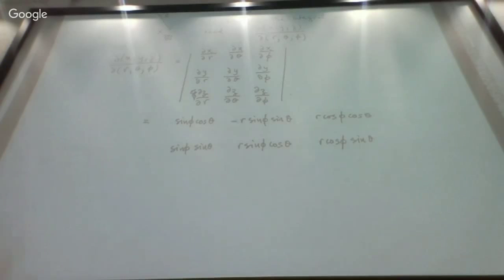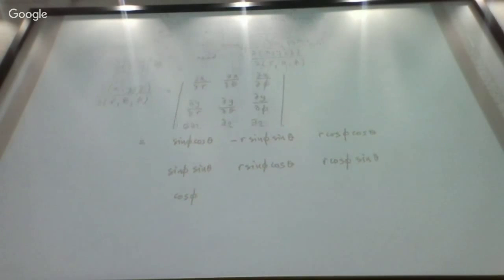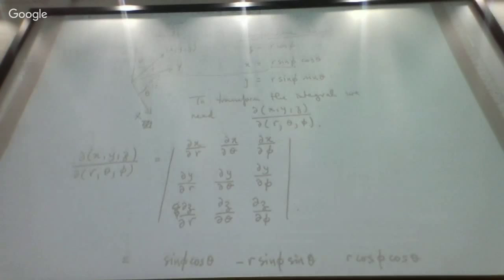The z row is a little bit simpler. dz/dr will be cosine of phi. dz/dθ: well, the z variable has no theta. Think of our point in the diagram there. If you keep r and phi fixed and just vary theta, you just get the point spinning around the z-axis like that.